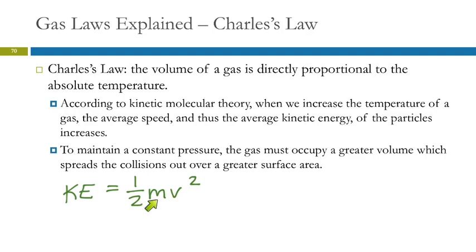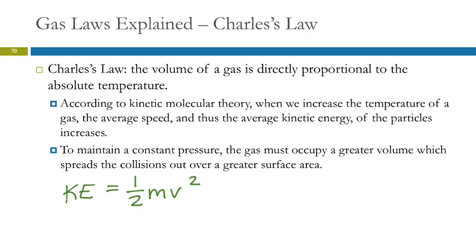So the mass of the particles is going to stay the same, but when we increase the temperature, the velocity will increase. They move faster. So if the velocity increases, the kinetic energy increases, or if the kinetic energy increases, the velocity increases. They're tied together. So we've got these particles moving faster, but when we look at Charles' law, the pressure has to remain the same.